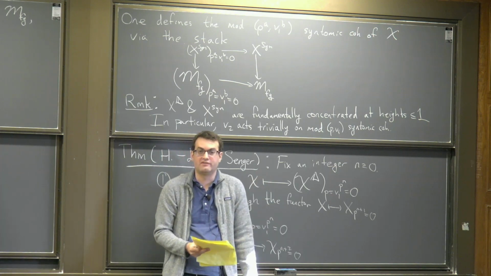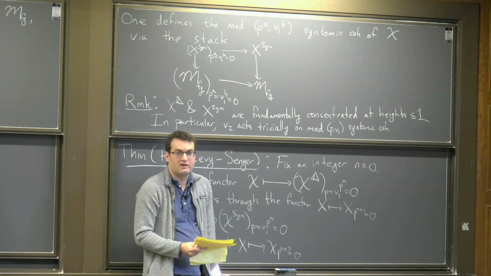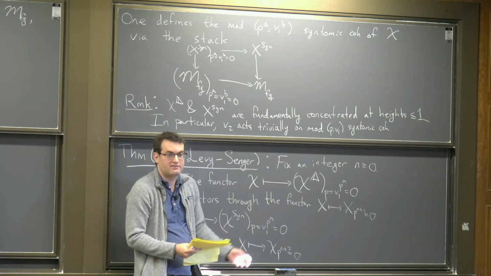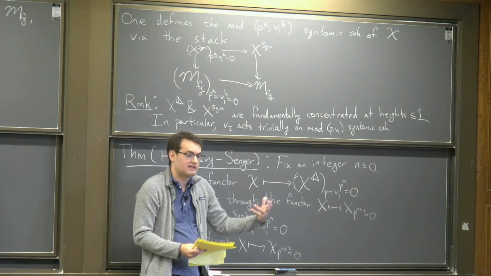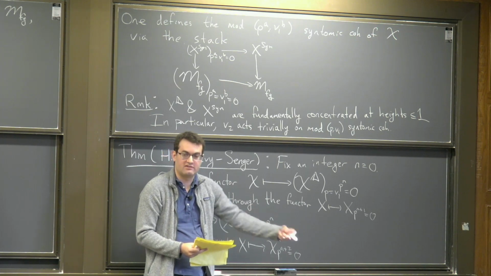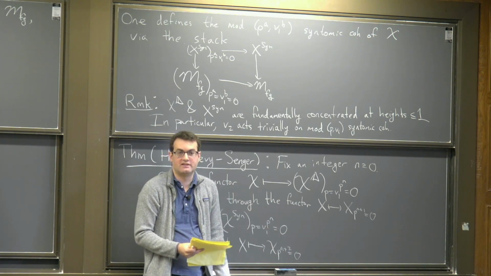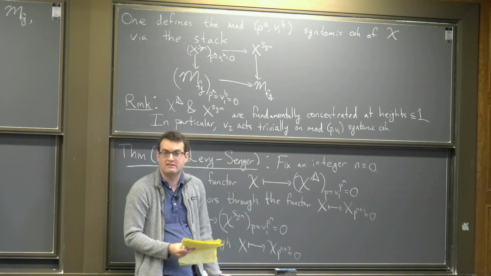So this statement is hopefully supposed to be reminiscent of a feature of de Rham and crystalline cohomology, which is this classical fact that if I take p-complete de Rham cohomology, that depends only on the crystalline cohomology of the mod p reduction. And so that's why I'd like to think of these as some kind of crystallinity statement.